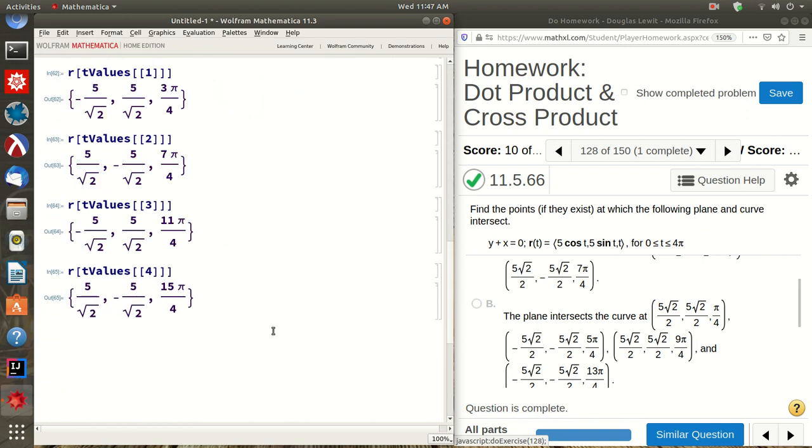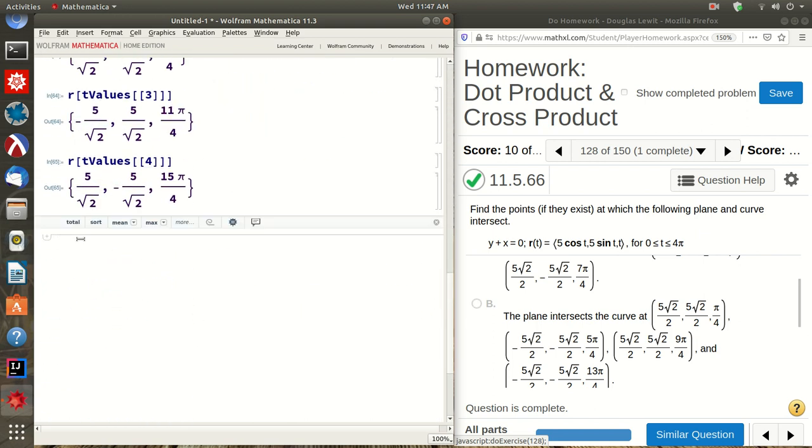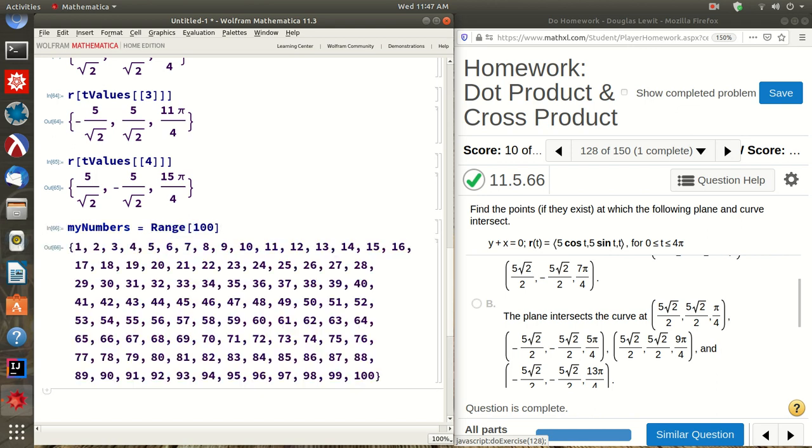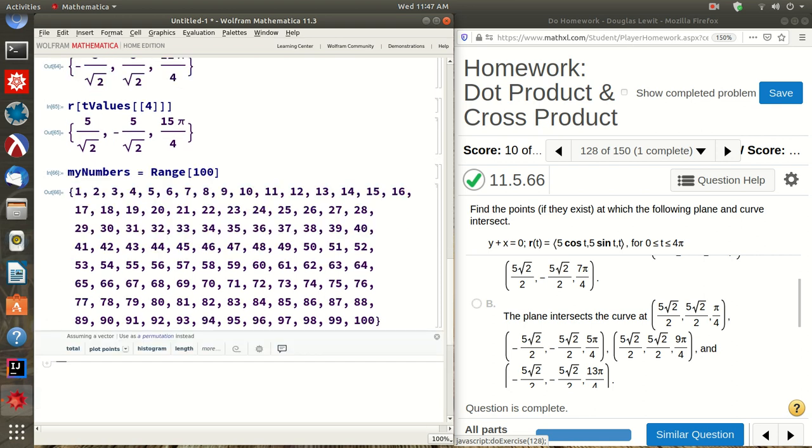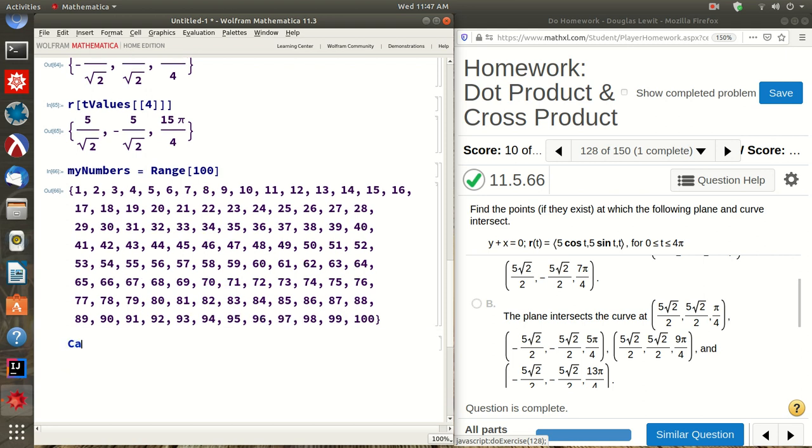Okay, so for example, let's say I had a list like this. My numbers is equal to range 100. And it's going to give me all the integers from 1 to 100. But let's say I only want the even numbers. Just the evens. I could do this. Cases, my numbers, make up a variable name.